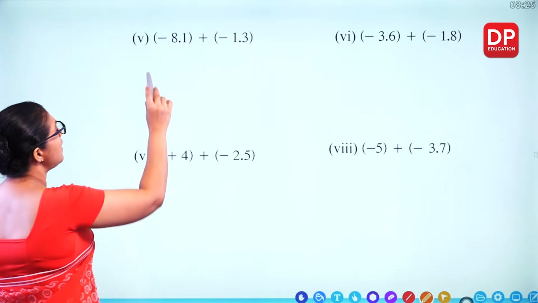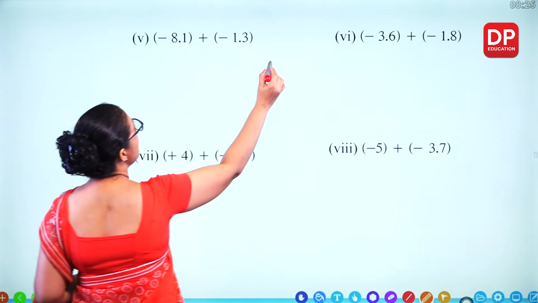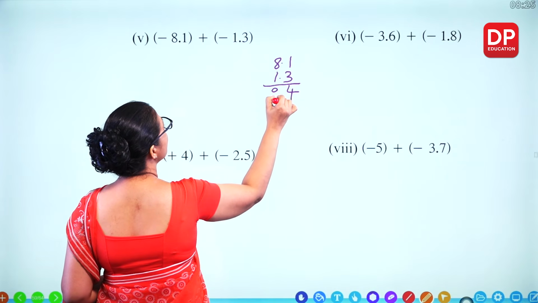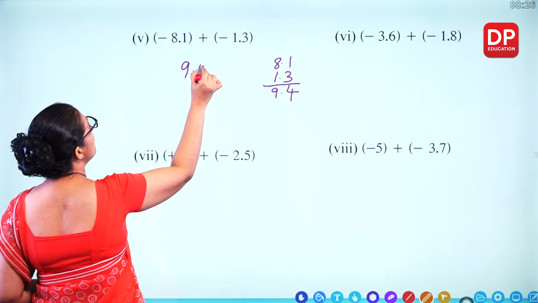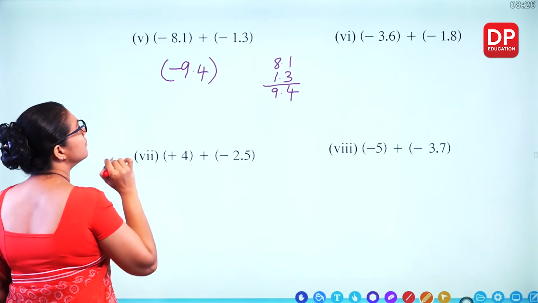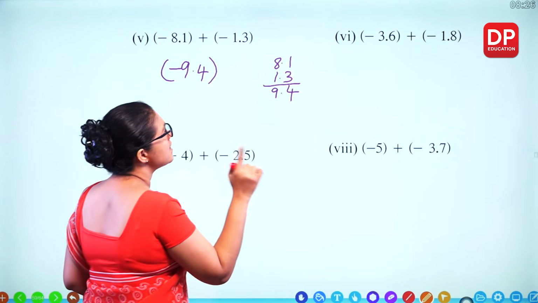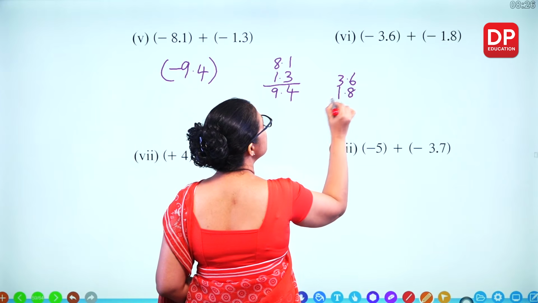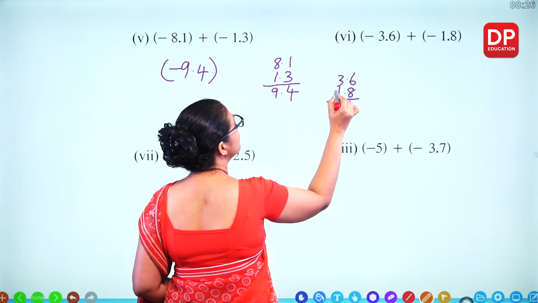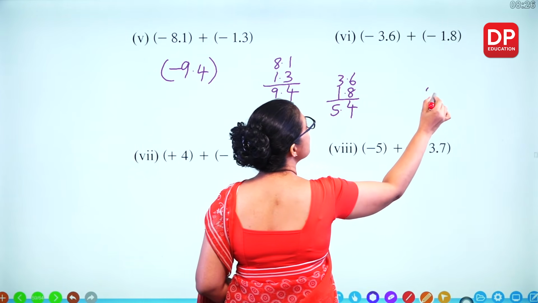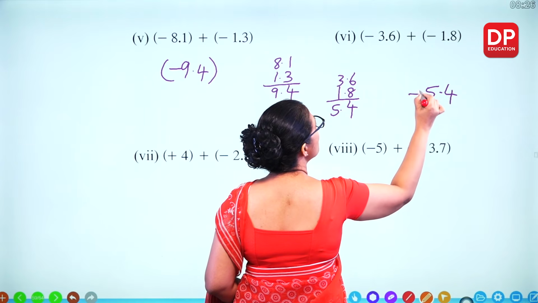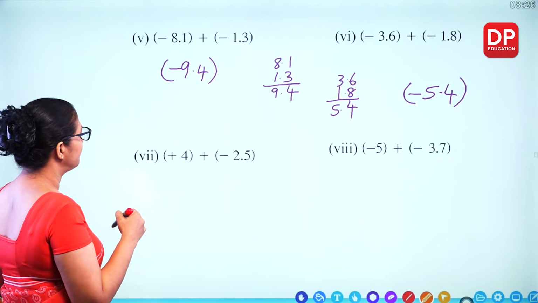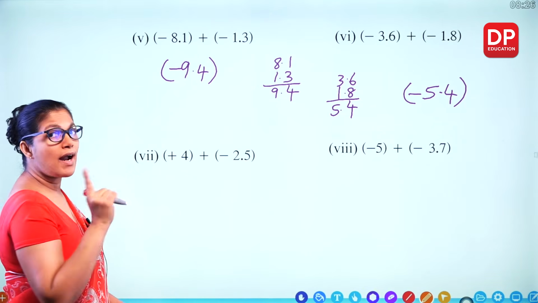Both negative here. Add the two numbers. 8.1 and 1.3. 9.4. This is negative. Both negative. Add the two. 3.6 and 1.8. 5.4 is the answer. Both negative, so you put the sign negative. 1 is positive, 1 is negative.